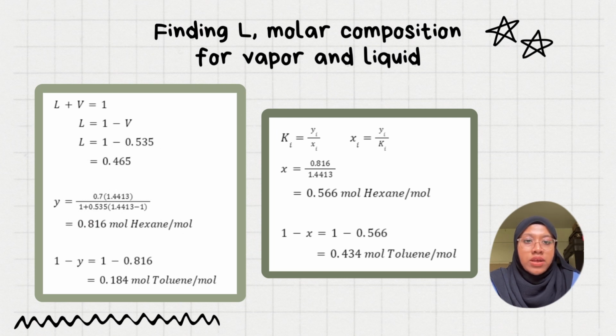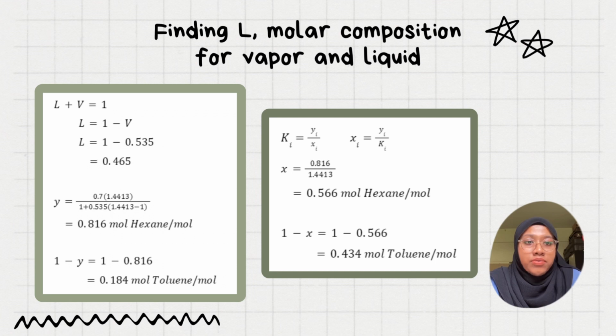We get the molar composition of vapor for hexane as 0.816 mole hexane per mole. Next, the molar composition of toluene in vapor is 0.184 mole toluene per mole.